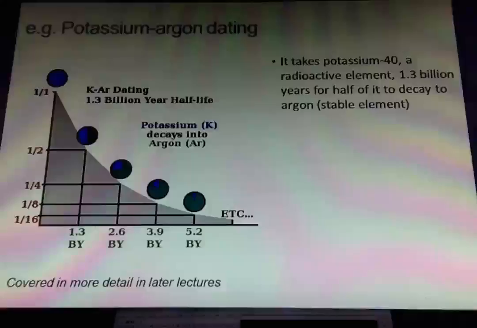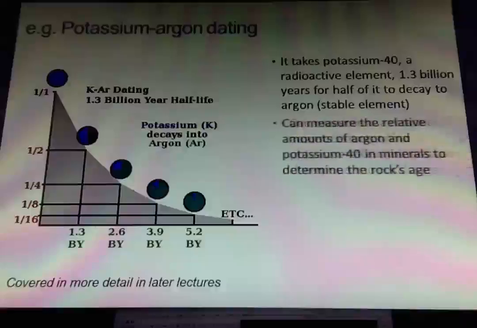When it's exposed to the air, the rock has been formed. It takes 1.3 billion years for half of it to decay and change into argon, a different element. So we can measure the relative amounts of argon in comparison to potassium-40 in minerals to determine their age.